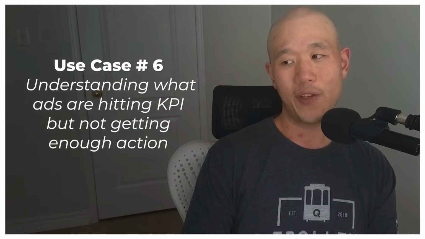All right, use case number 6, understanding what ads are hitting KPIs but not getting enough action. One of the things that I routinely look for in ad platforms are ads that are hitting or beating my CPA targets, but not getting a ton of spend. I'm generally a big fan of just letting the platforms do their thing and decide how they want to allocate spend.